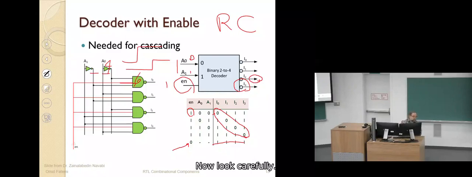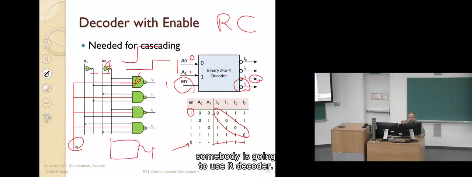Now, look carefully. When I put this here, I am saying that this is one input of my design, and you could use it as a component in your design. So we have another design, and somebody is going to use our decoder. Our decoder has EN, A0, A1 as input and something as output.